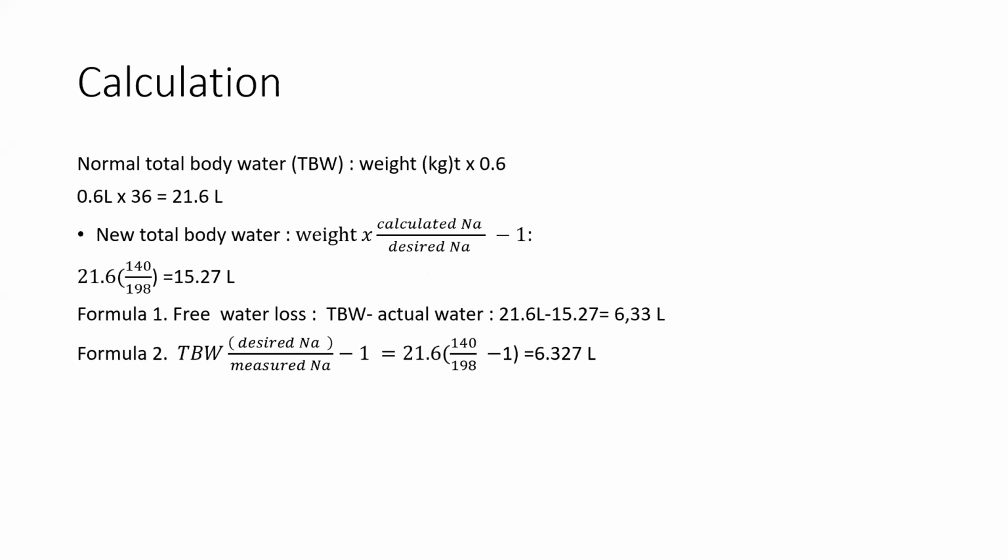Now we are supposed to calculate the new total body water in terms of the loss. That's where we get the percentage of the water deficit. So the formula: take the weight of the patient, use the calculated or measured sodium, then divide by the sodium minus 1. So it means the total body water.